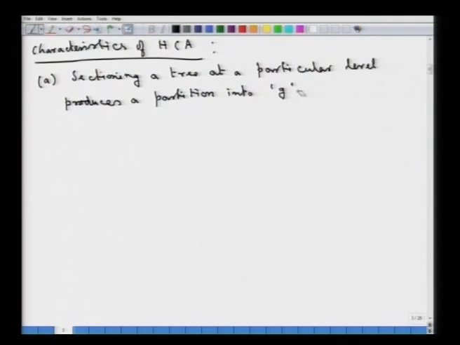So, these are going to be organized into G disjoint groups. That is what we have seen from the figure.